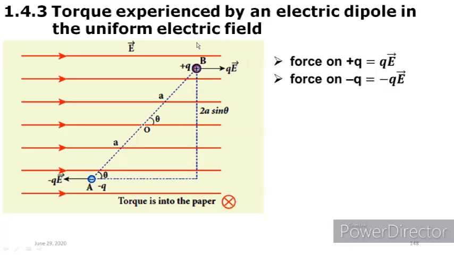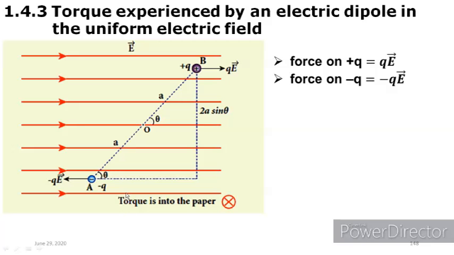But look at this diagram. Here two forces are acting in opposite direction at two different points, isn't it? This would constitute a couple. Whenever two equal and opposite forces are applied along two different lines of action, such a combination is known as a couple. Couple causes a torque.